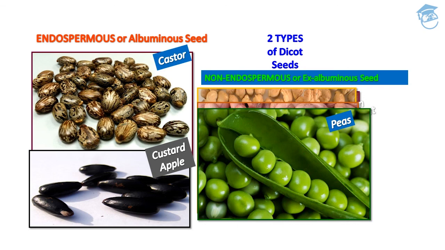Examples of non-endospermous seeds are bean, gram, groundnut and peas. These four are examples of non-endospermous seeds, also called exalbuminous seeds. So this was all about the seeds present in angiosperms.